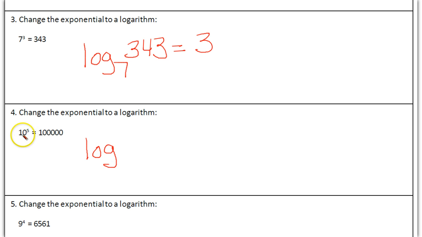Now what's our base? Our base is 10. But if it's a common log, we don't have to write the 10. Our answer is this. Let's see, 1, 2, 3, 4, 5. 100,000. And our exponent is 5. Now again, we're not writing the 10, but this is how they want you to write it.